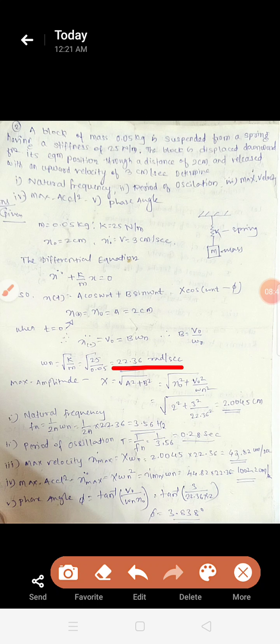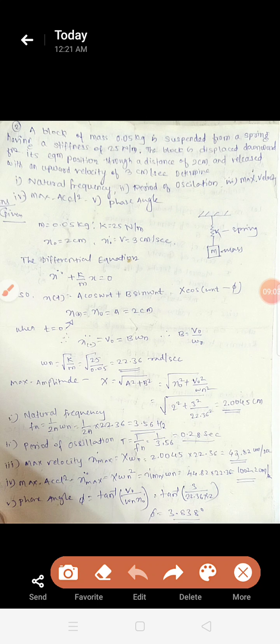The answer is 1002.2 centimeter per second square.